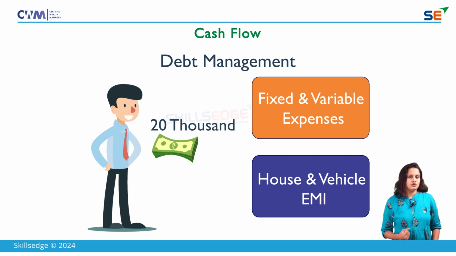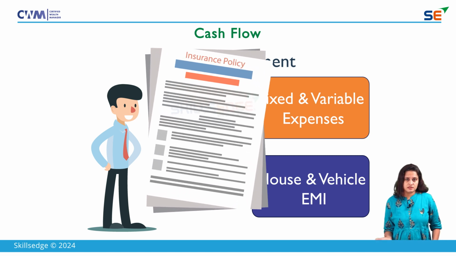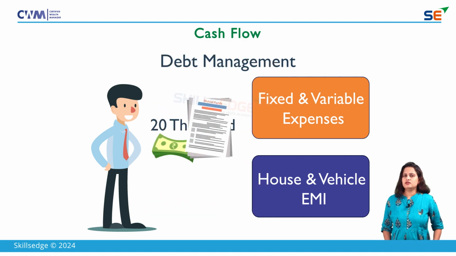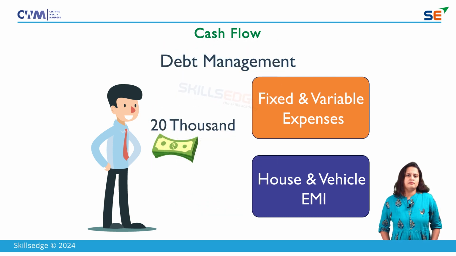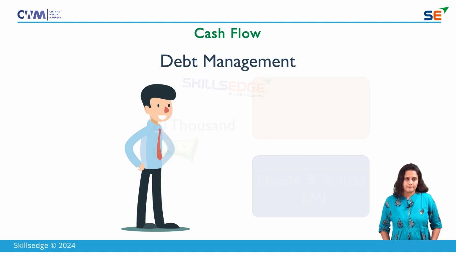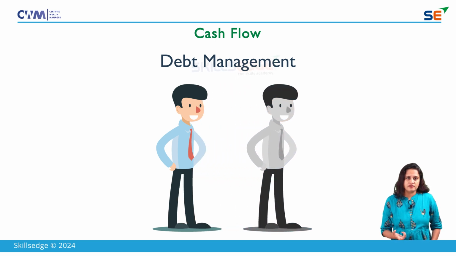Out of this amount of 20,000, he might be paying insurance premiums and also might be saving towards SIPs, and thus ends up paying towards some unexpected expenses. Thus, you can observe that if there is no concept of extraordinary savings, a person would reach nowhere and will continue to be at the point where he is.